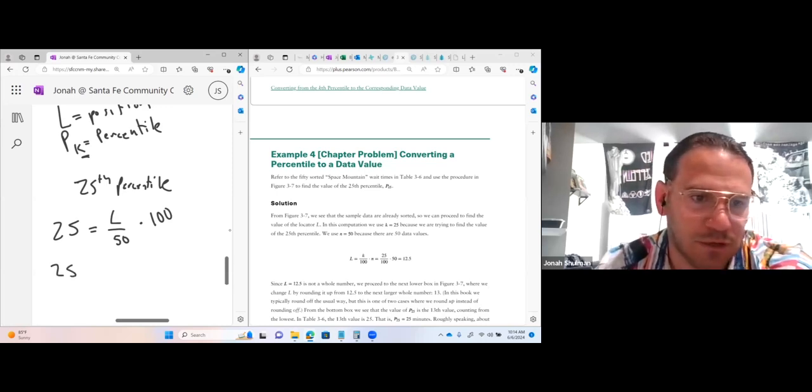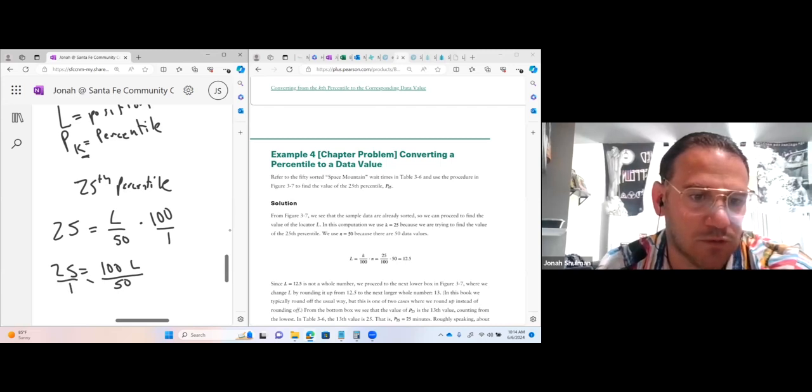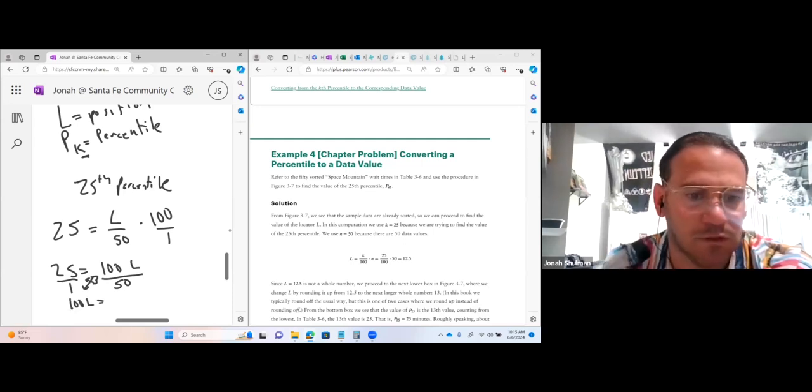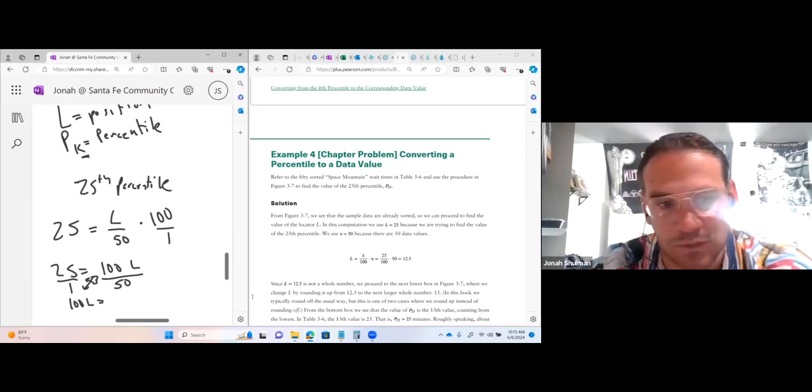So 25 equals 100L over 50. And then I'm going to cross multiply. Doesn't work, we'll just use the other formula. So I have 100L equals 25 times 50. If you don't know what 25 times 50 is, you can do 25 times 5 and add the 0.